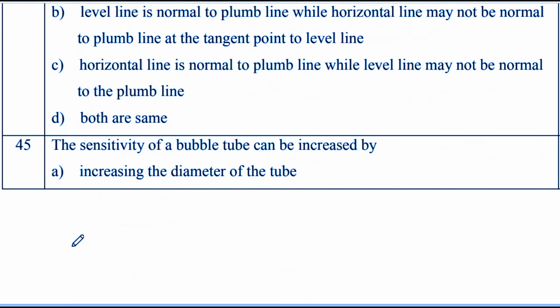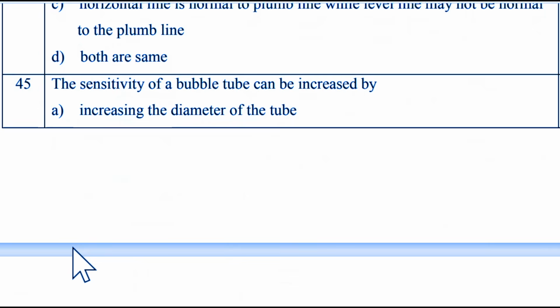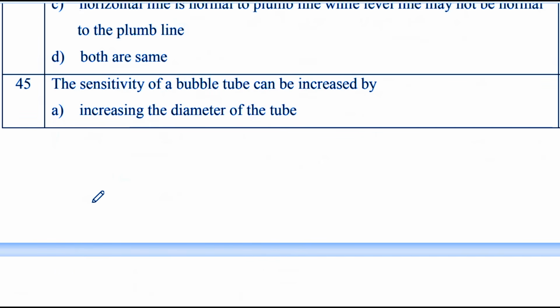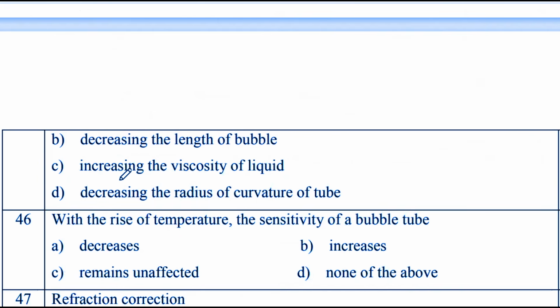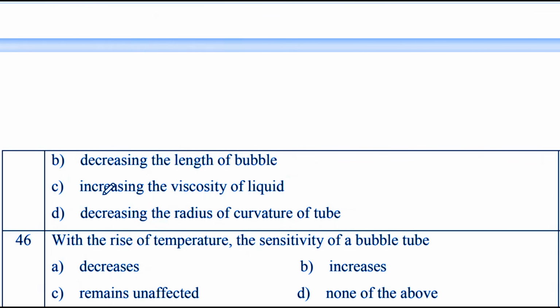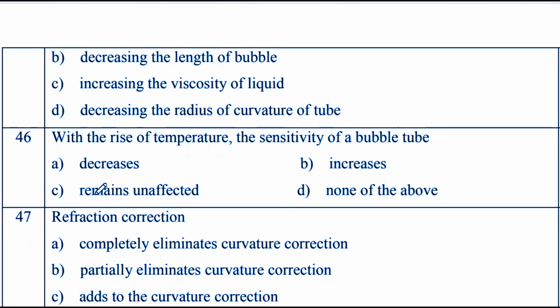The sensitivity of a bubble tube can be increased by increasing the diameter of the tube. The other three options cannot increase the sensitivity, otherwise they will decrease the sensitivity.